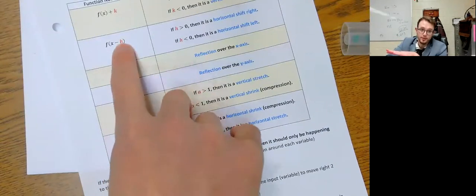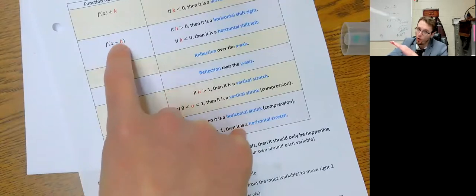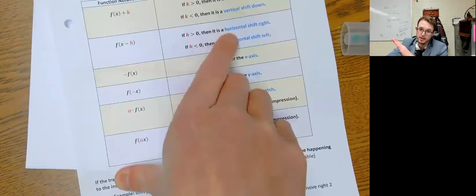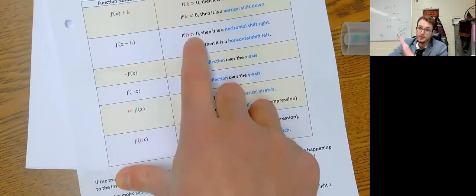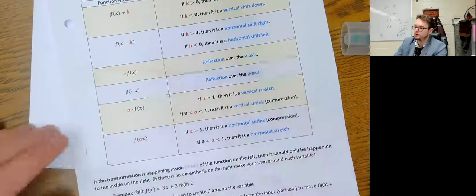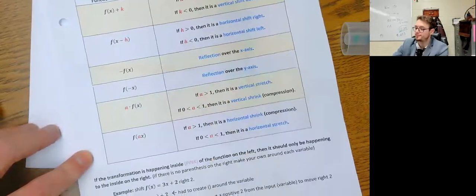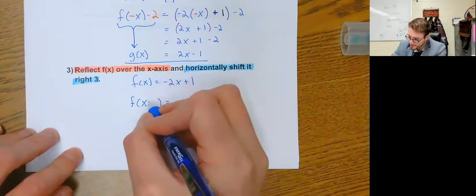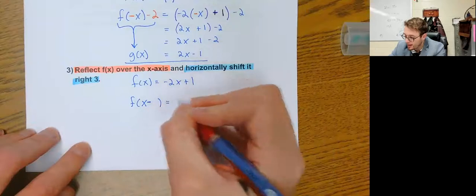A shift right means that you're going to subtract off a number. Always subtract. In this case, we're going to be subtracting a number that is greater than 0, so a positive number, because we want to go to the right. So right means subtract a positive number. On the inside here, we're always going to subtract, but we are subtracting a positive.